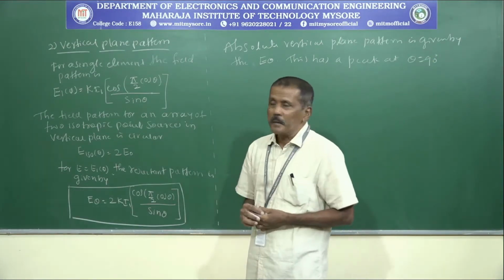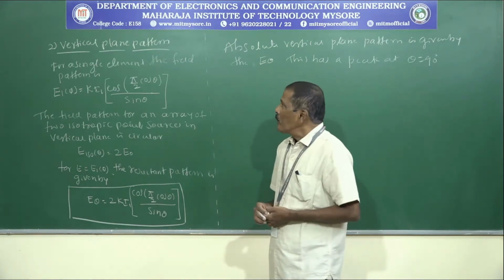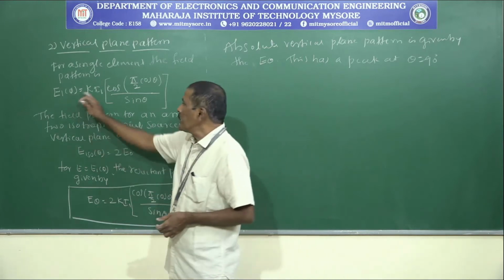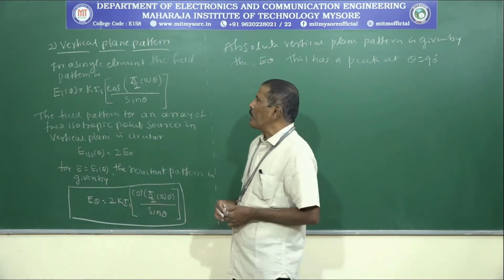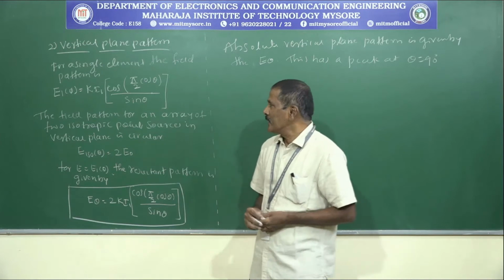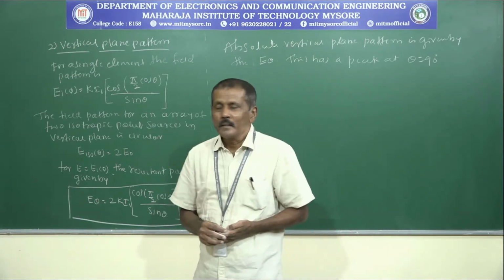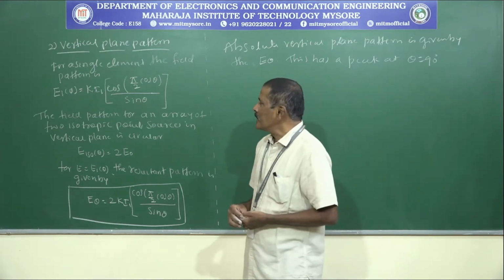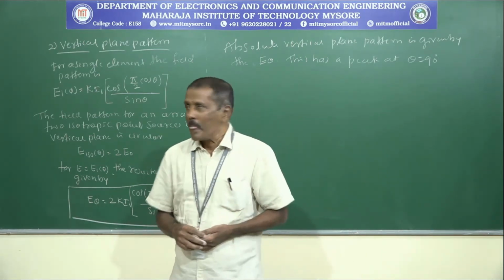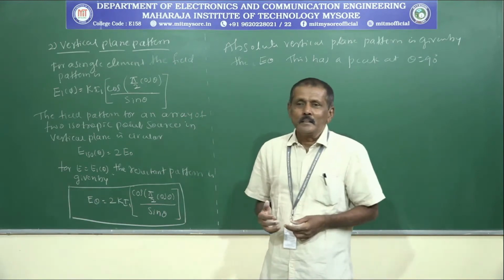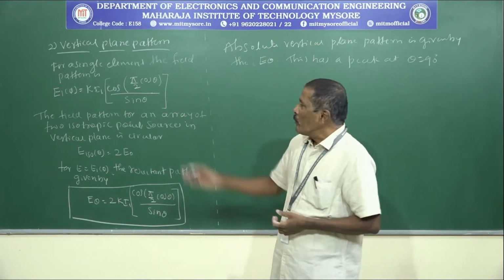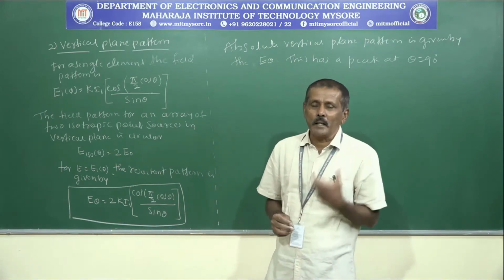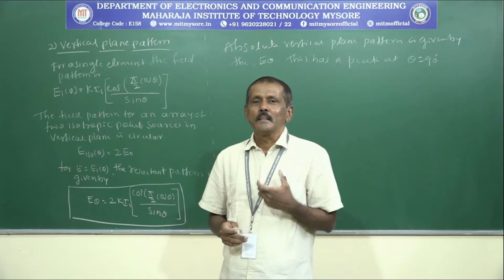And this is the equation which is used to calculate the radiation pattern of the broadside array. Now the vertical plane patterns. For a single element, the field pattern is given by E1 of theta equal to K into I1 cos of pi by 2 cos theta divided by sin theta. Then the field pattern for an array of two isotropic point sources in the vertical plane is circular. That is, by replacing the dipole element by two isotropic point sources, the field pattern in the vertical plane is circular.